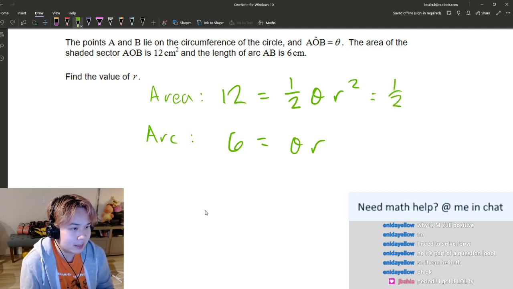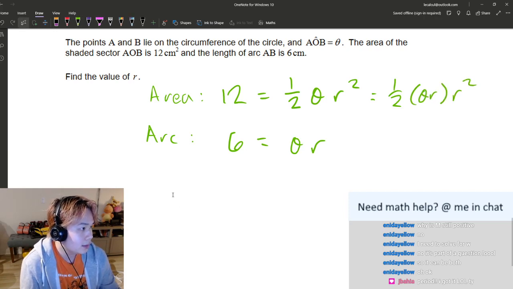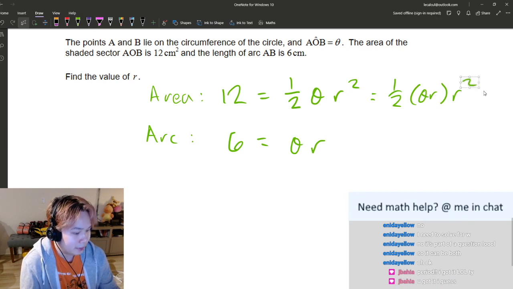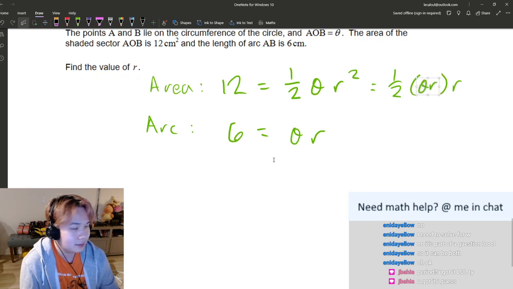So I'm going to write this out explicitly so you guys can see what I mean. Theta times r squared you can write as theta times r times another r, not r squared. You got it? Nice. And then I know that all of this is actually 6.